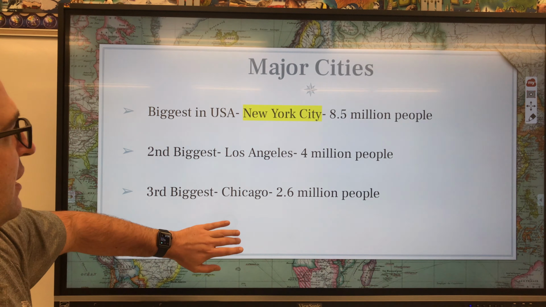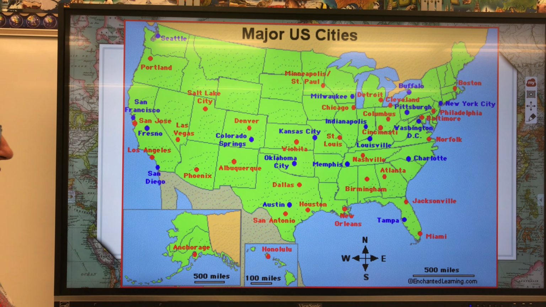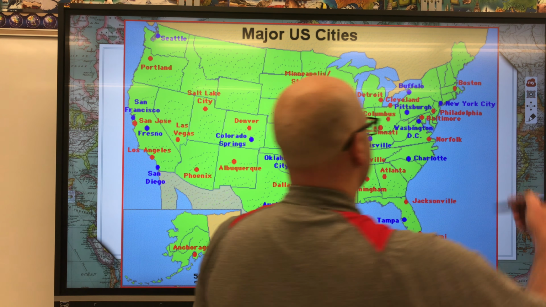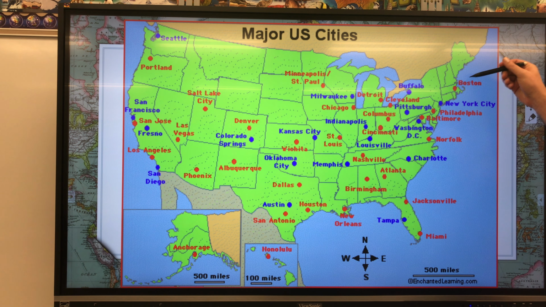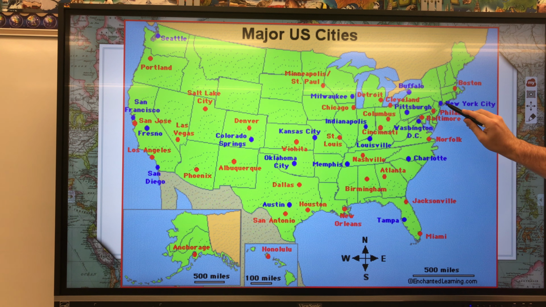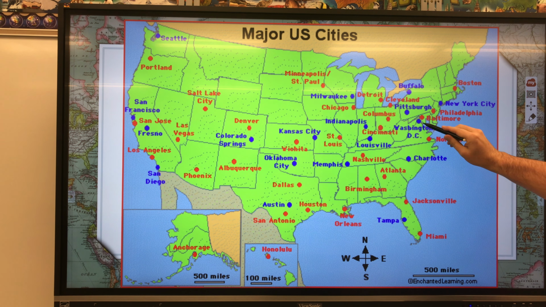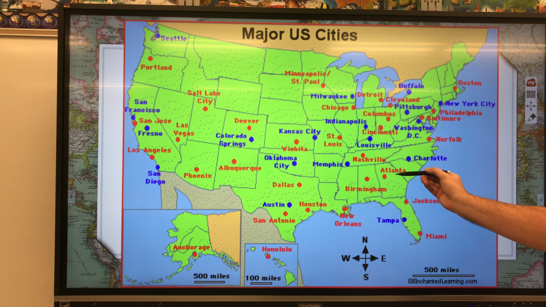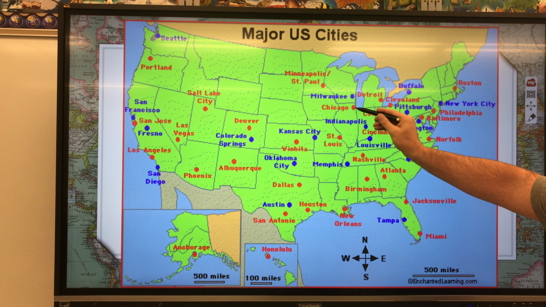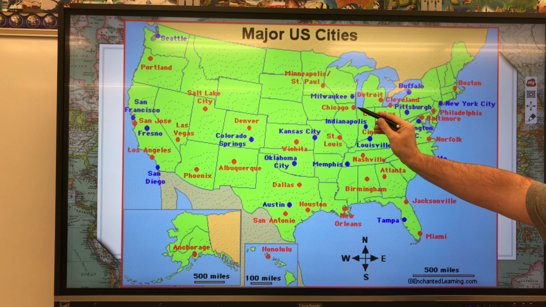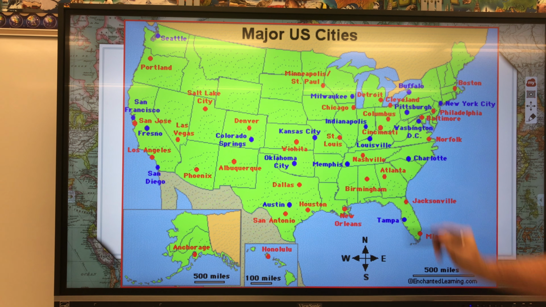Phoenix, Arizona. So on a map, you can see where some of our major cities are. As I said earlier, I'm going to point out some of them. Boston, it's in Massachusetts. Here's where New York City is. In Pennsylvania, we have both Philadelphia and Pittsburgh. There's Baltimore and Washington, D.C. close by. Miami, Florida. Atlanta, Georgia. Detroit, Michigan. Chicago, Illinois, third biggest city, located here, right along Lake Michigan.